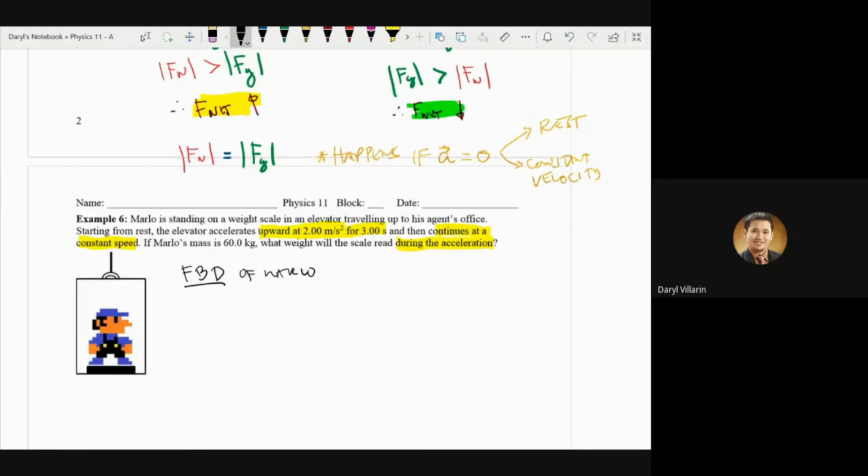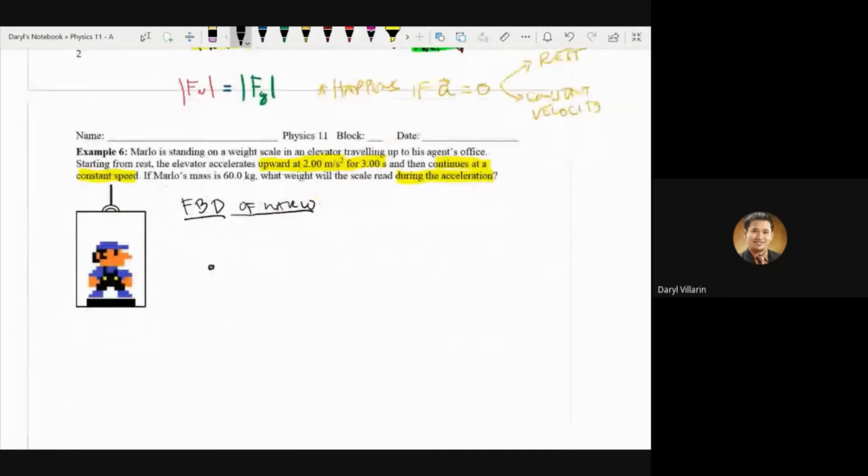So you're not looking at the elevator itself. If you focus on the elevator, there are other forces there, but we're just focusing on Marlo. So this is Marlo, and we represent Marlo as just a point. We're given that the acceleration is upward.